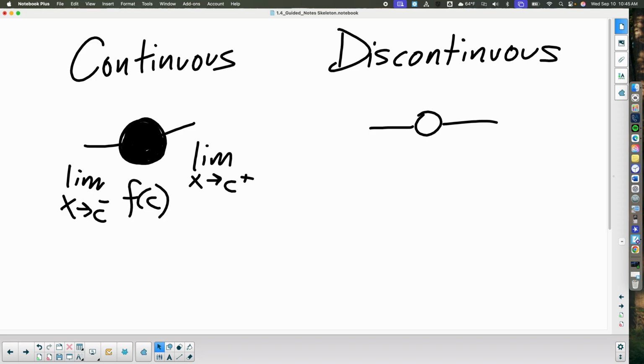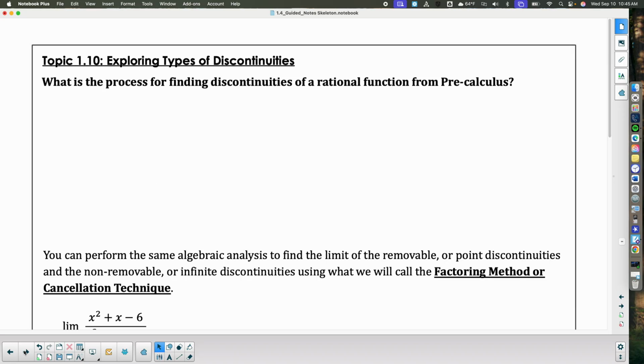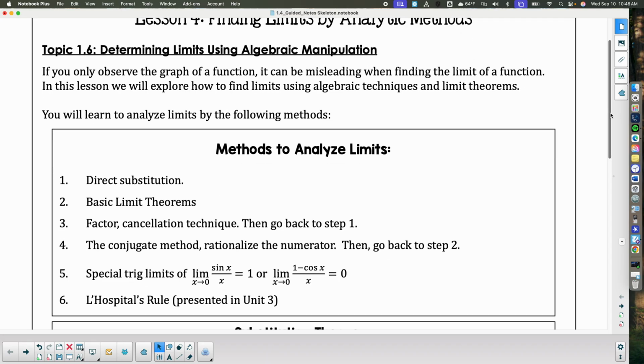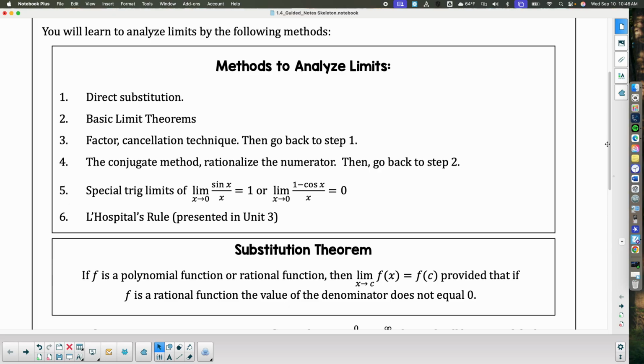So this section, when I look at the notes, kind of felt like all over the place, because it starts by just saying, these are the methods we try to find limits. Plugging in was number one. Now, ideally, that would be great. I'll just tell you, this is probably the only section you'll ever be able to just plug a number in.